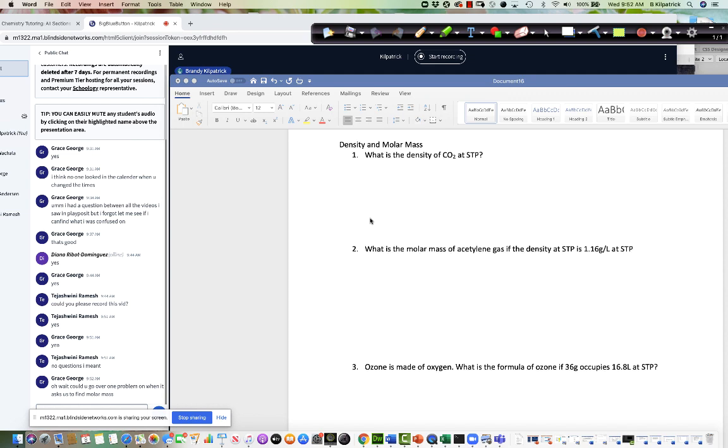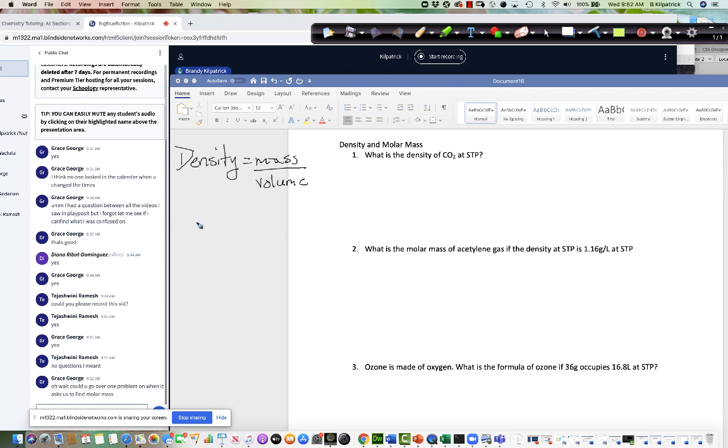So when we talk about density, density is equal to mass over volume. A density is really just a mass to volume ratio.